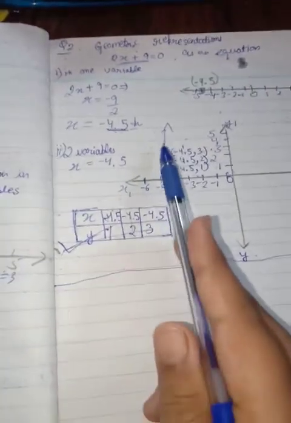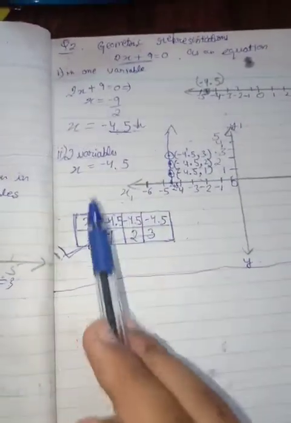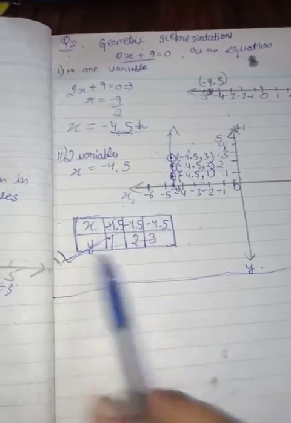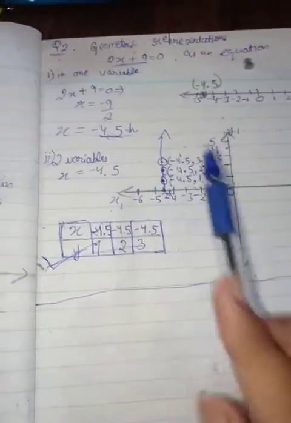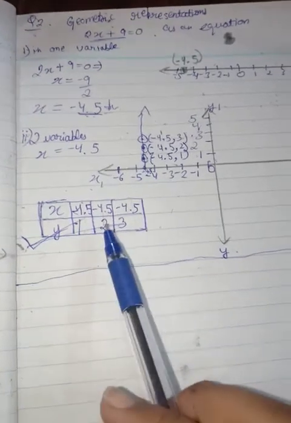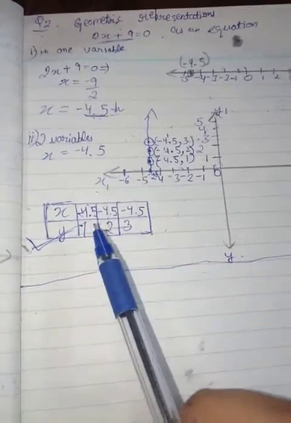If we do not get a straight line, our answer is wrong, so check any one of the solutions. If you do not get a straight line, one of your solutions is wrong, so please check the solutions. So this is question 2 and this is question 1, the whole exercise 4.4.